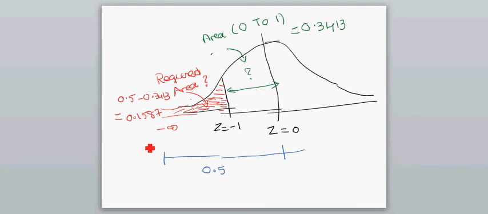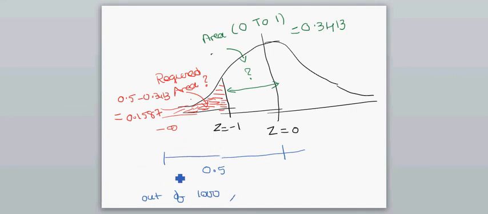This is the probability, but actually in the question, out of 1000 such students, how many students will have marks less than 65?